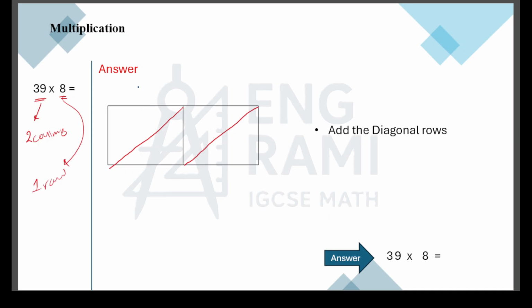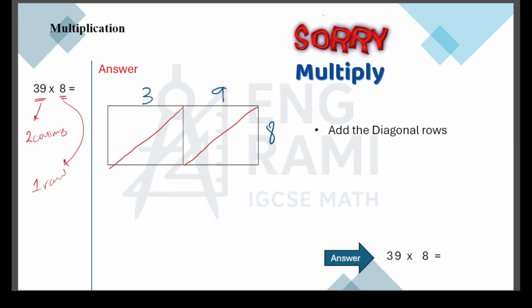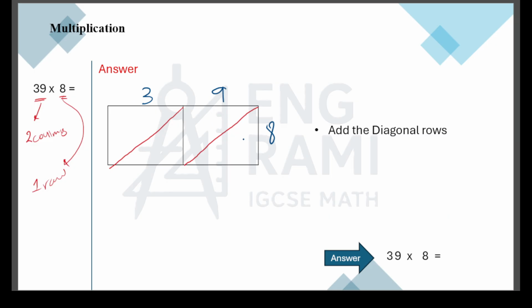We have to write the numbers 39 times 8. Then we have to write those numbers together. 9 times 8 equals 72, and 3 times 8 equals 24.